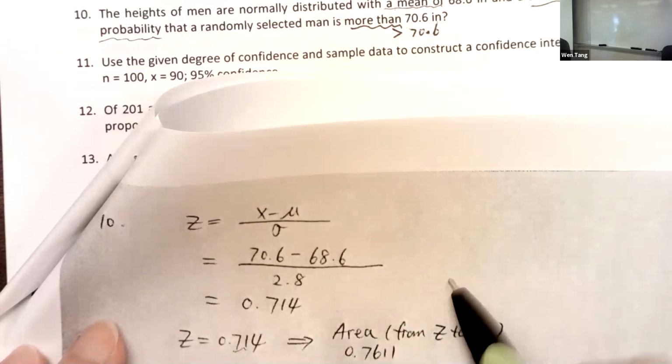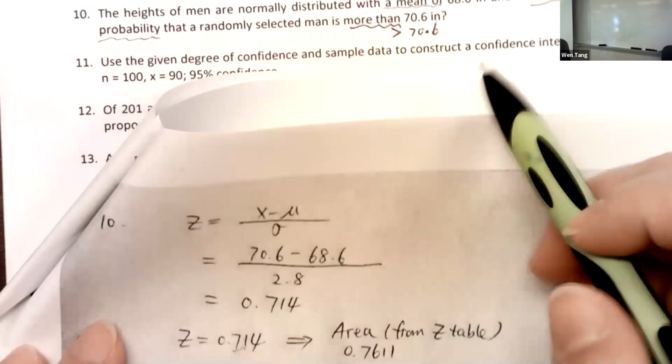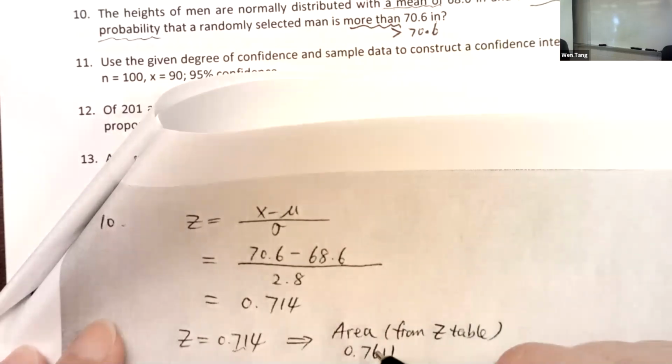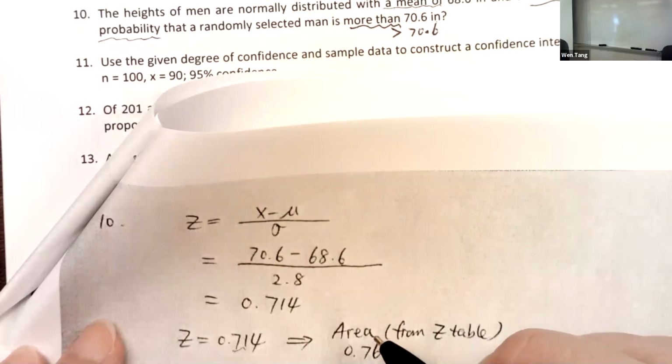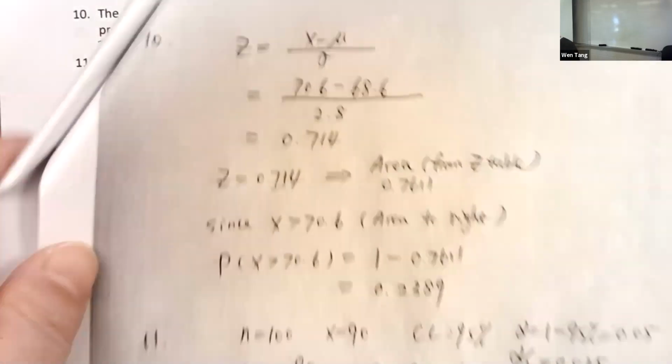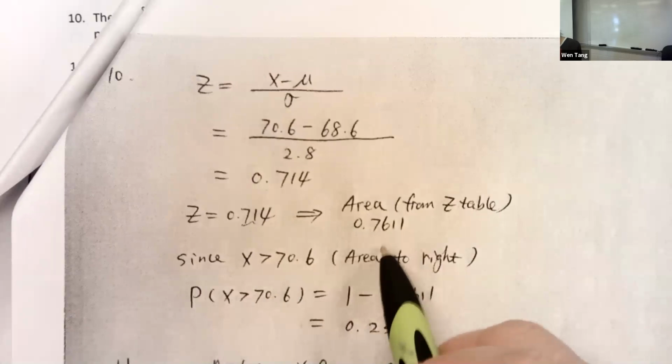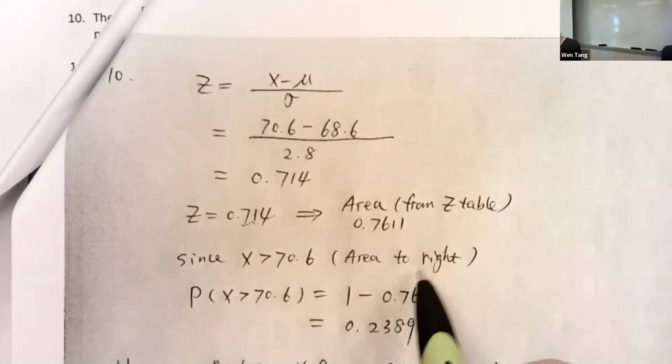0.7611. That's just like I said, our problem is more than. So this area is not the area cumulative from the right side. It's just the area from the left side. So don't forget, you still need to do one more step. Because the area directly from the table is not the area cumulative to the right.